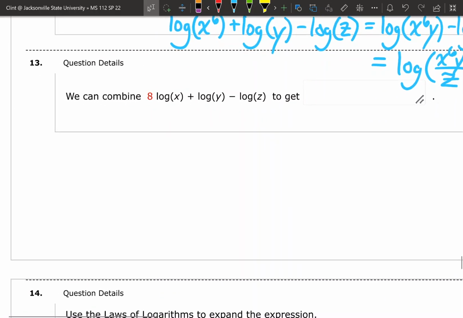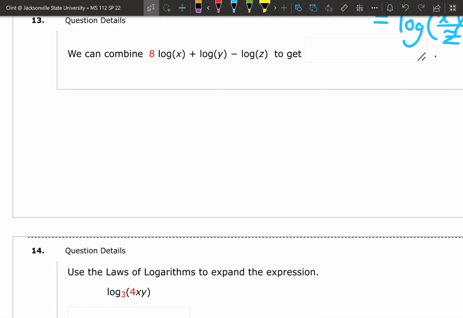Here's another one. This one says combine. So what can we do first on this one? Is it big enough?